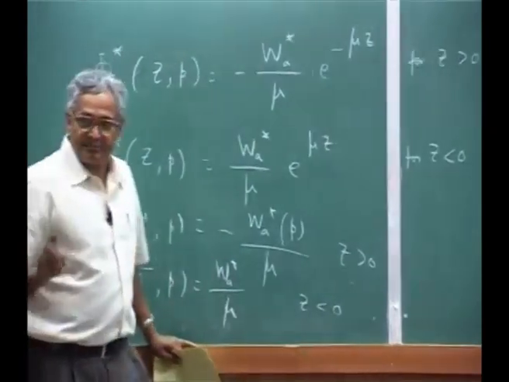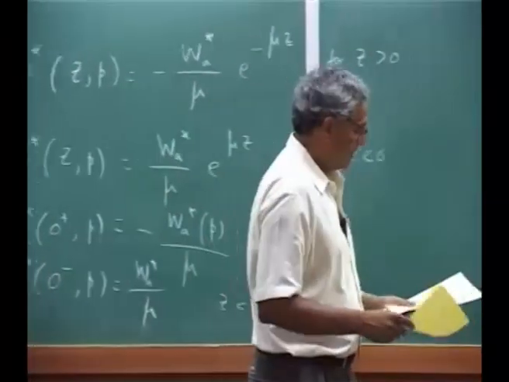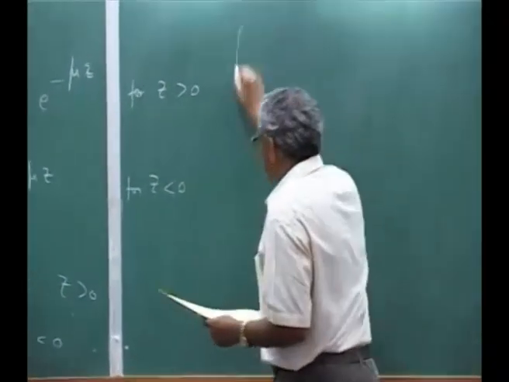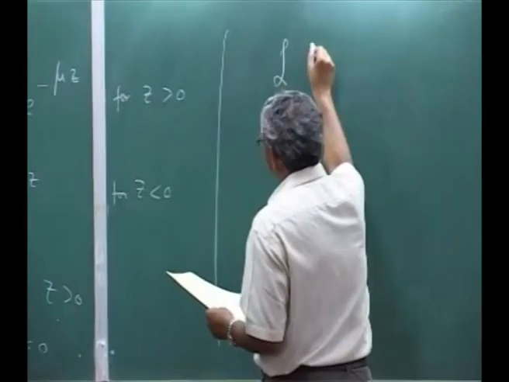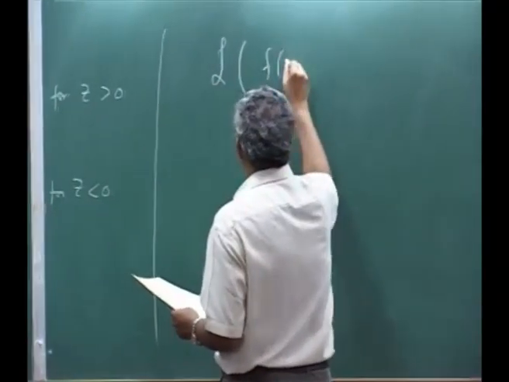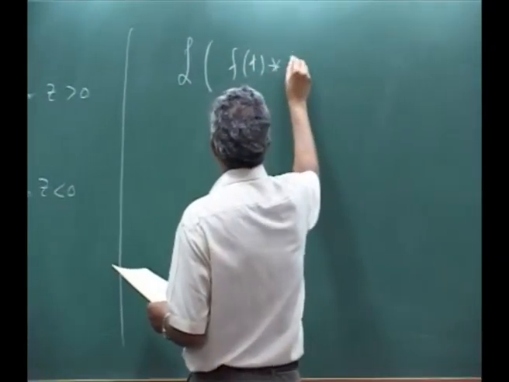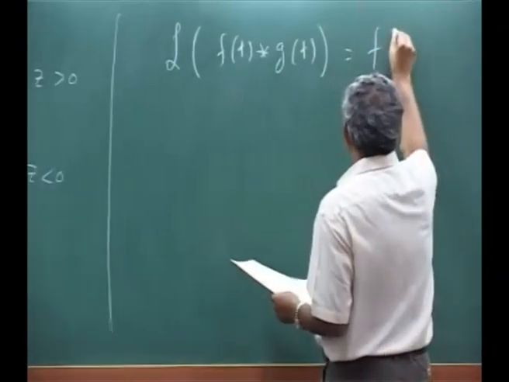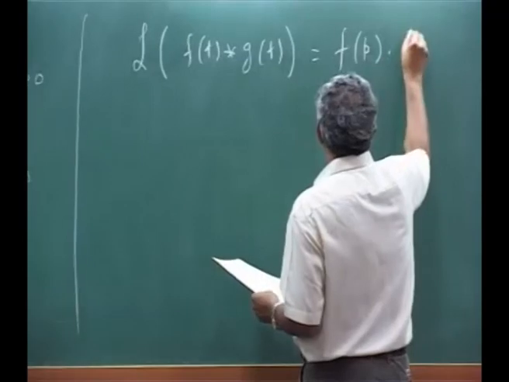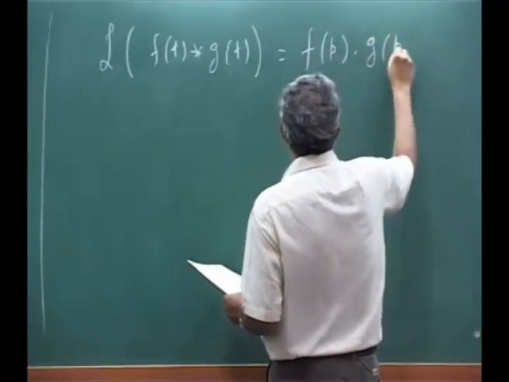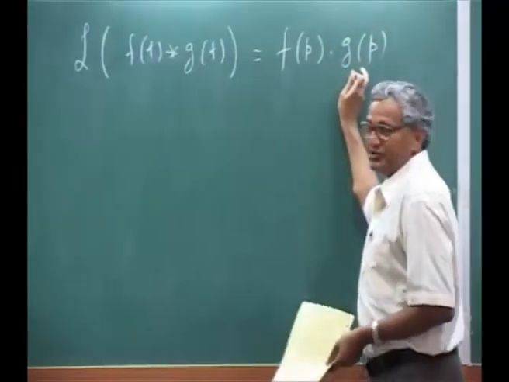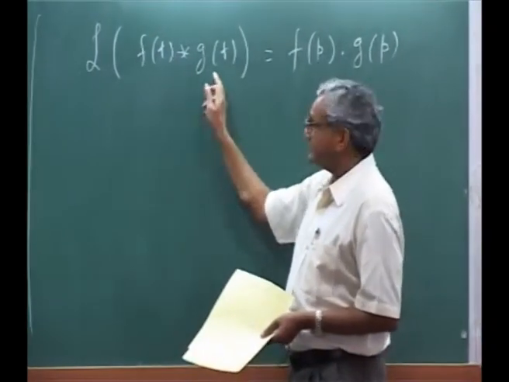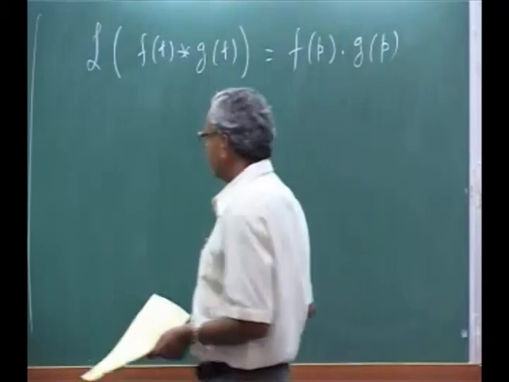So when you have products of two Laplace transforms, if you have two functions, this is basically f of p, g of p. That means the product of two Laplace transforms is basically the convolution of the two functions.